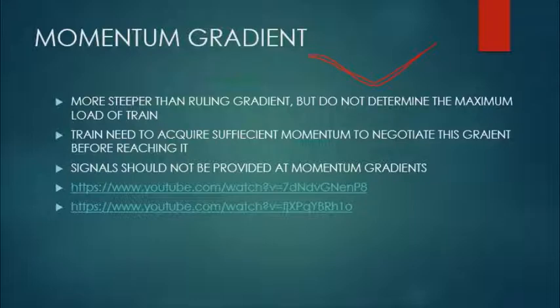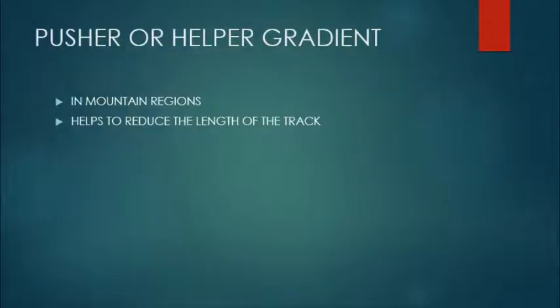The next type of gradient is the pusher or helper gradient. The important effect of a rolling gradient is its limit on locomotive capacity. If the rolling gradient is severe, it may mean that during a larger portion of its journey, the locomotive would have unused capacity for carrying higher loads.